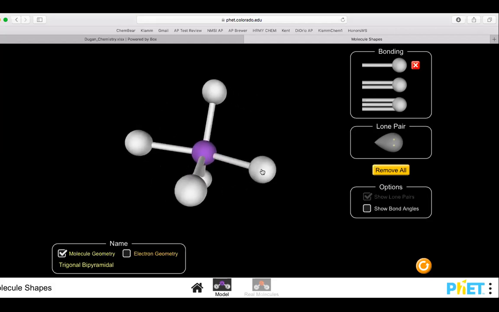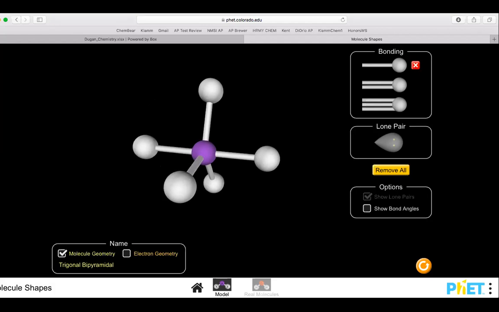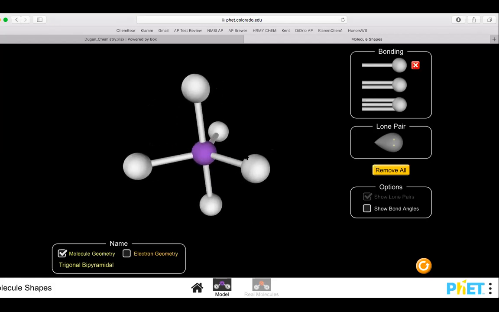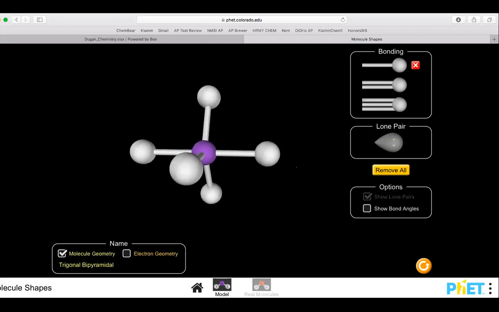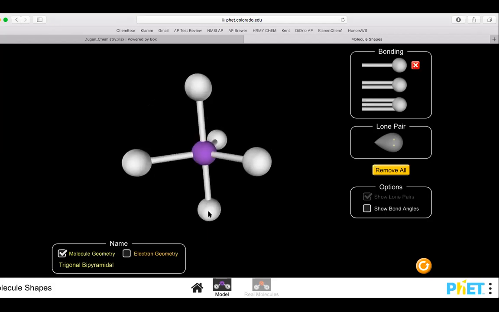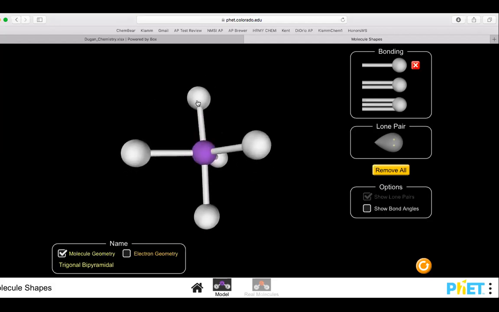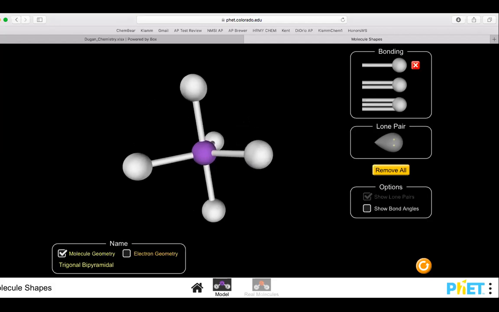I'm trying to make it a little straighter for you. Yeah, you can see now that it's 180, linear. So this is 180, and these are all going to be 120. So this has 2 bond angles in it. It has 90s, 120s. And so when we have 5 domains, that's bipyramidal.